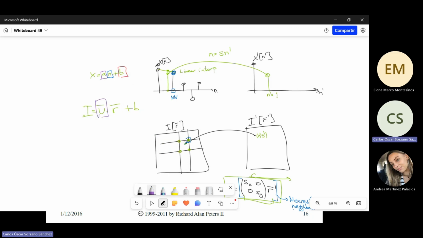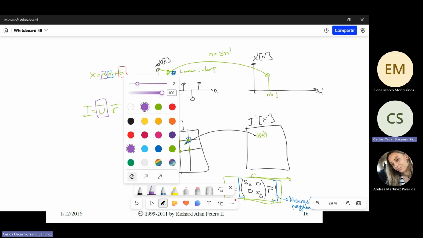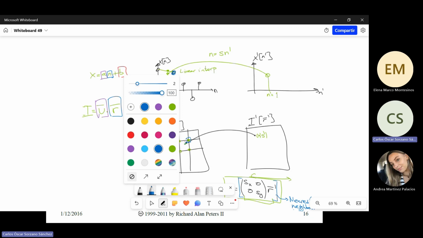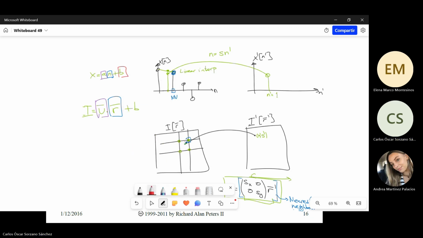There is a coefficient that goes in front of the coordinates, and then we have a scalar. This is the equation of the plane. So it has exactly the same structure.